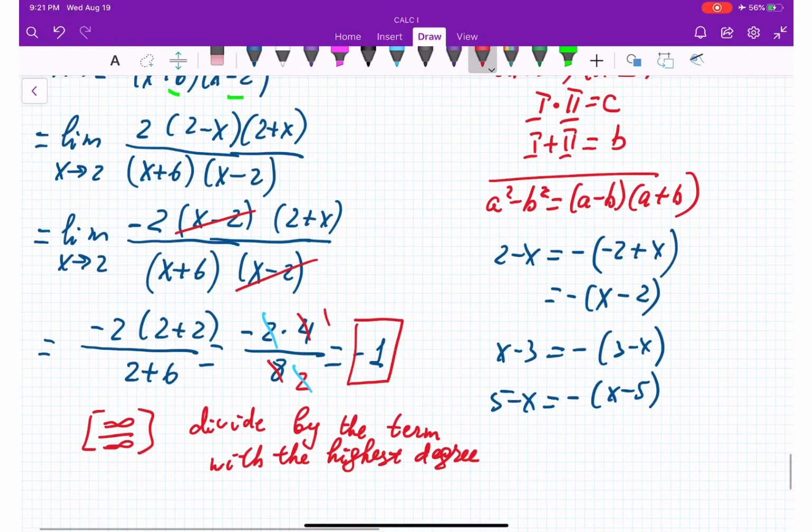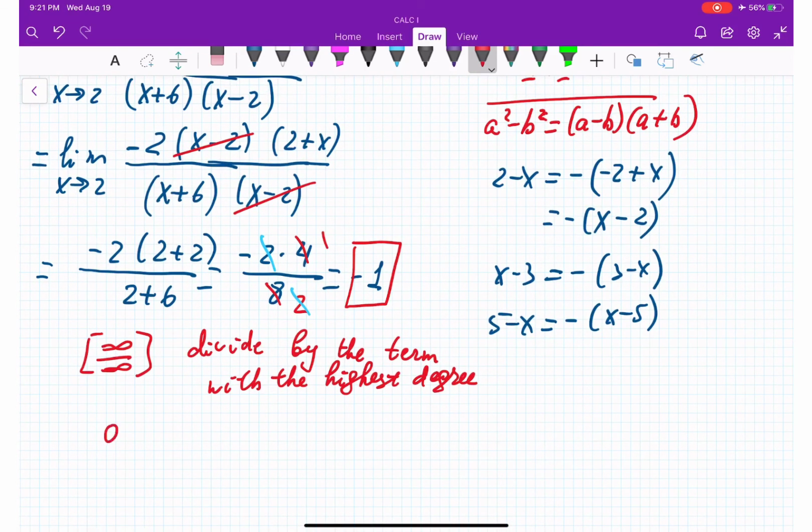This is this approach. And if we have 0 over 0, we need to do factoring before taking the limit.